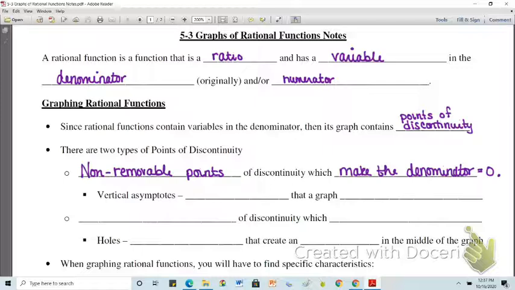We are going to use vertical asymptotes for this. Anytime my denominator is going to be 0, I'm going to draw a vertical asymptote. Remember, these are red dotted lines. All of our asymptotes are always done in red and they're always dotted. That a graph approaches but does not touch.